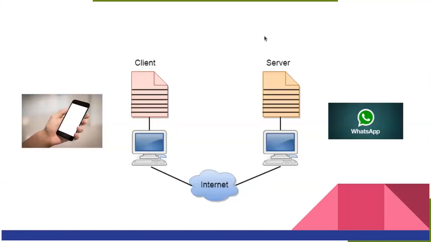This will go to the WhatsApp server and that message will be passed on to your friend. Once you send the message to the server, the server will send it to your friend. After your friend sees your message, you will get the blue tick, right? So the blue tick confirmation is coming from the server to your mobile.